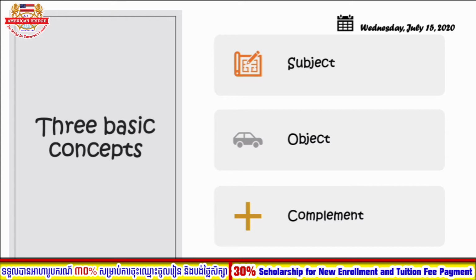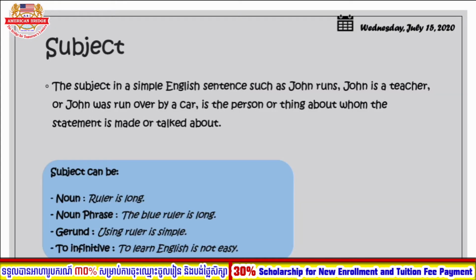So without any further ado, let's look at the subject. It is very simple. If you look at the definition here, the subject in a simple English sentence such as John runs, John is a teacher, or John was run over by a car. The subject is the person or thing about whom the statement is made or talked about.